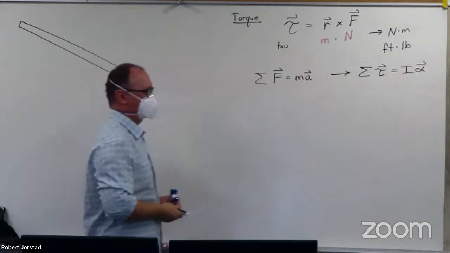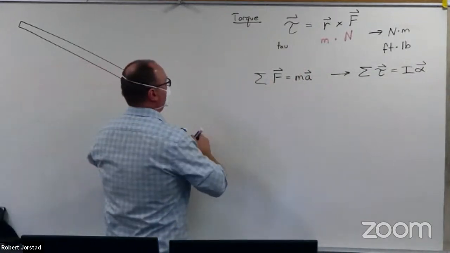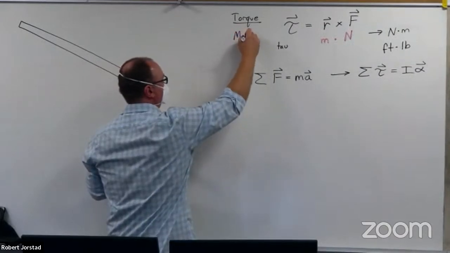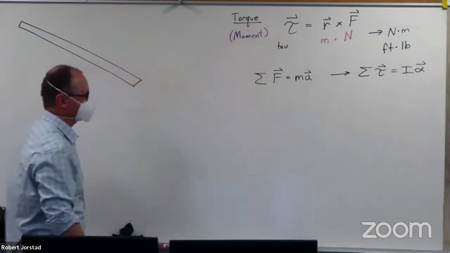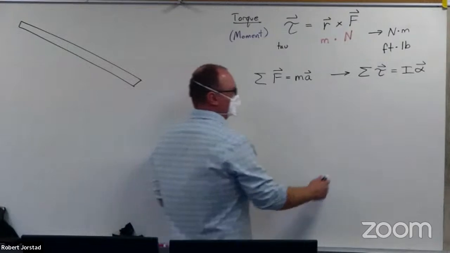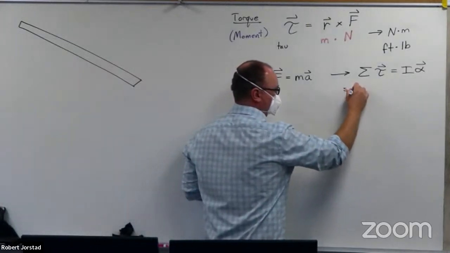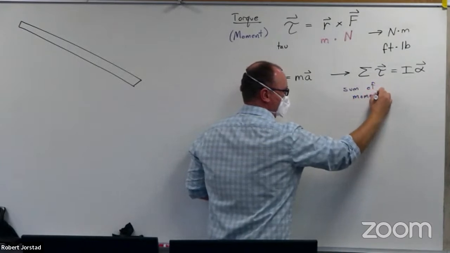And it turns out as engineers, sometimes they're going to use the word moment, which we could talk about in statistics, moments about the mean and things like that. The mathematical relationship is equivalent. So sometimes you'll hear engineers say sum of moments. I don't like that.